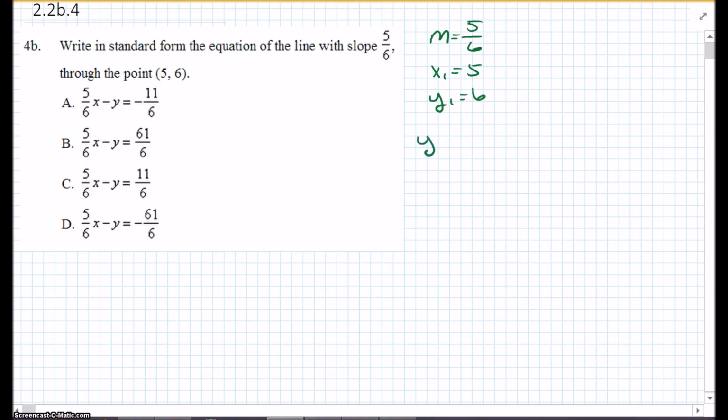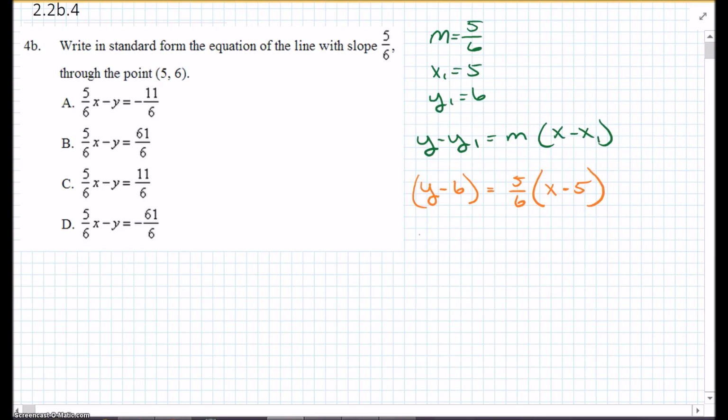My equation for point-slope is y minus y1 equals m times x minus x1. So now we just plug in values. Our y1 value is 6, so y minus 6 equals, our m value is 5 over 6, and my x1 is 5. So we start off like this.